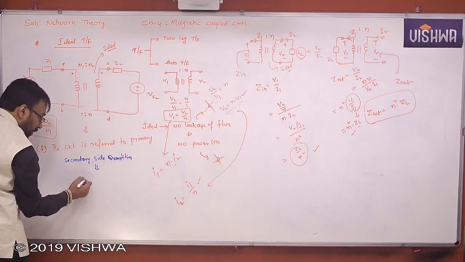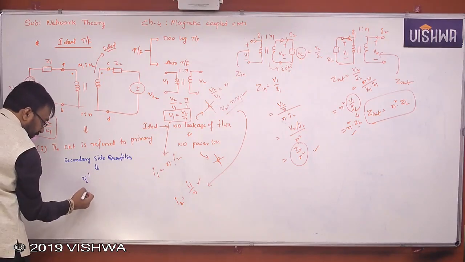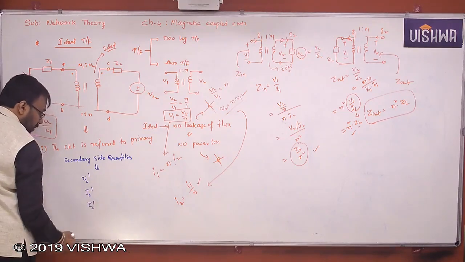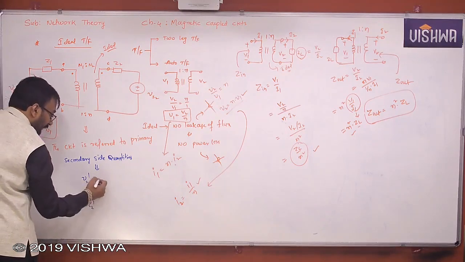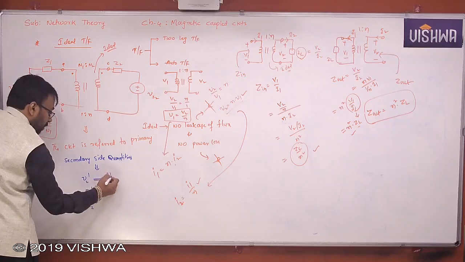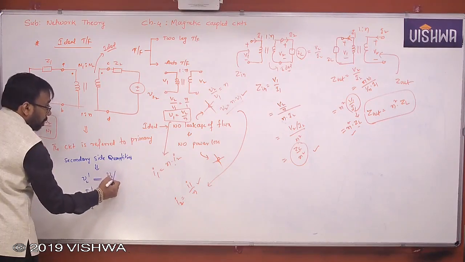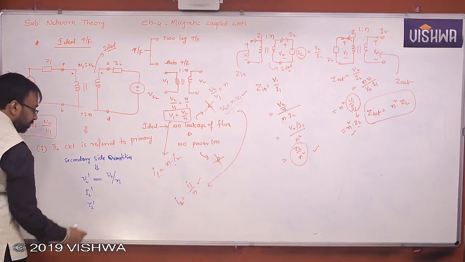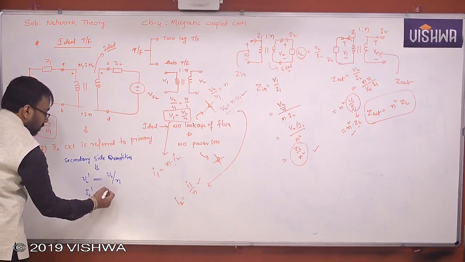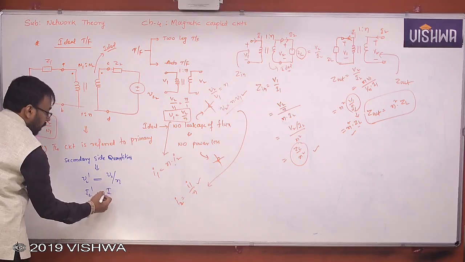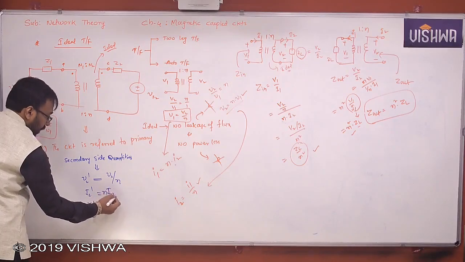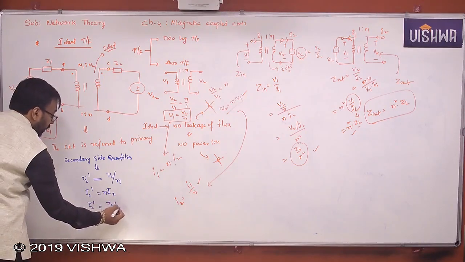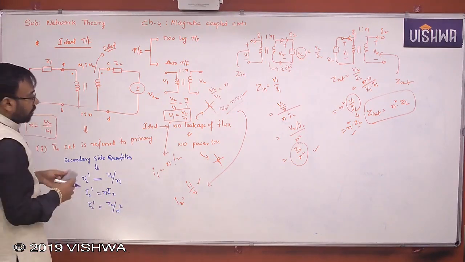Then what do you get here? V2 dash, I2 dash, and Z2 dash. V2 dash is V2 by N. Understand? I2 dash is N times I2. Z2 dash is Z2 by N square. Is it clear, all of you?